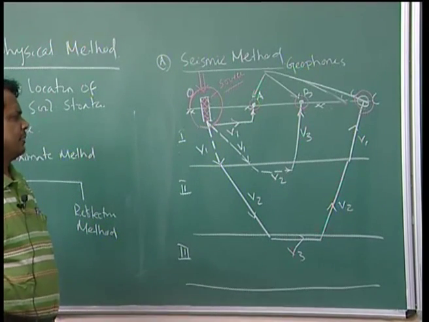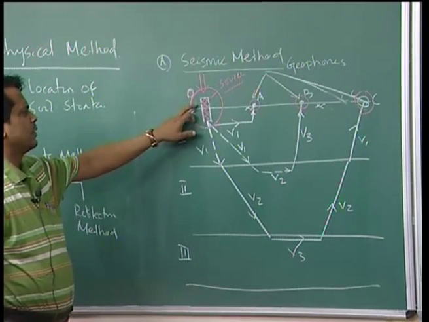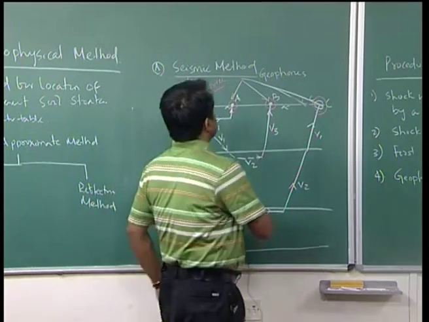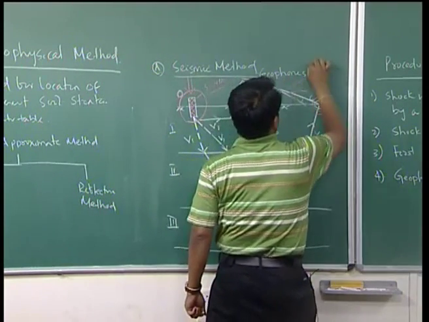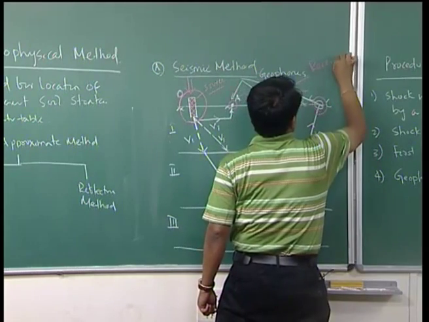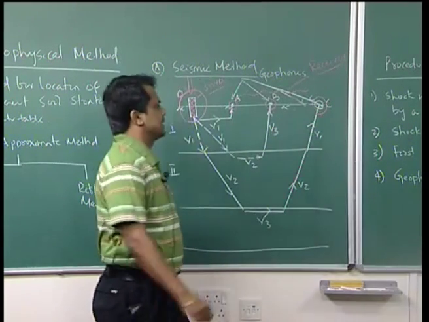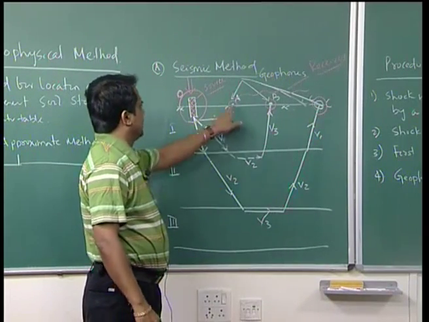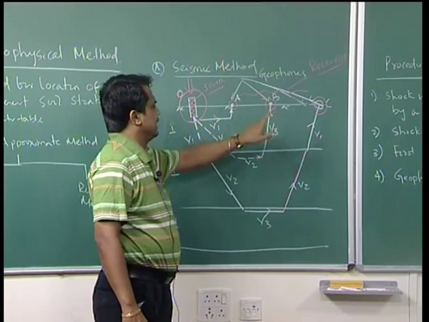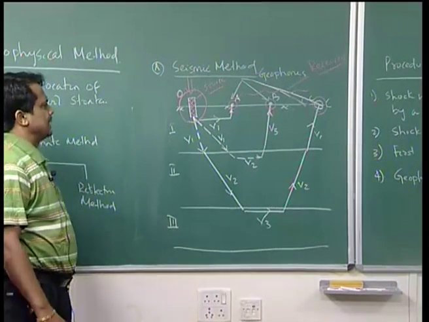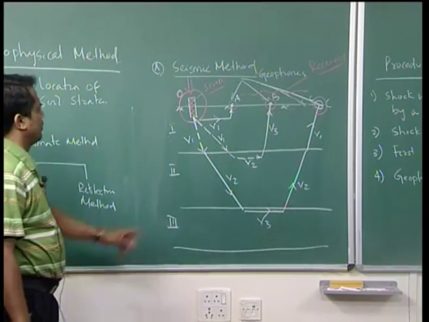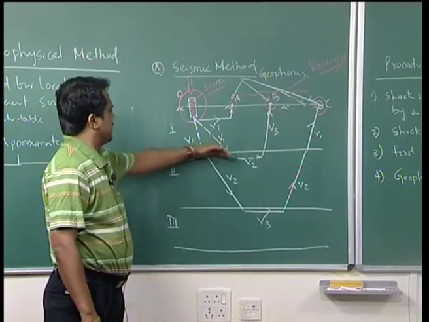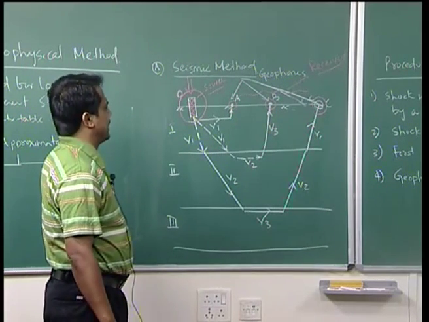First arrival means the moment you create the shock wave from the source, these are receivers, and first arrival of these waves will be received at station A, B and C. So, what is the principle of geophone? Geophone, whatever is located here, converts ground vibration to electrical impulse.